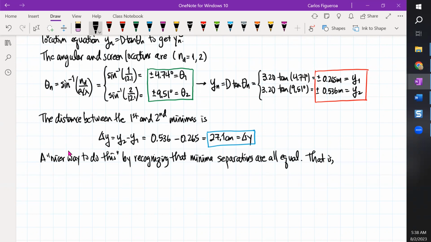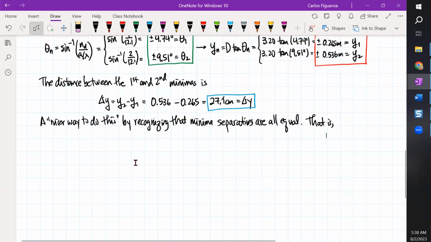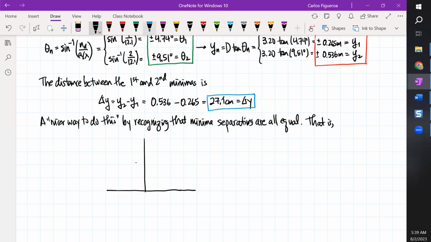So that is, if I now look at my diffraction pattern again. So let's say that this is my diffraction pattern. And what I'm going to do here is draw out the first two secondaries. So when I come out, I'm going to come out here.